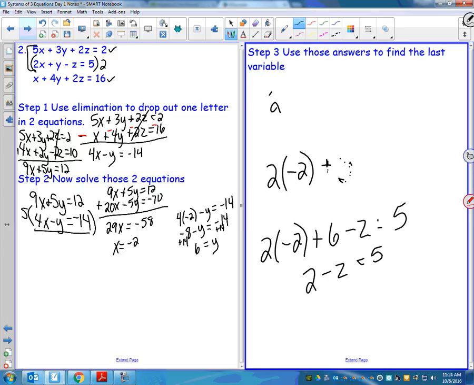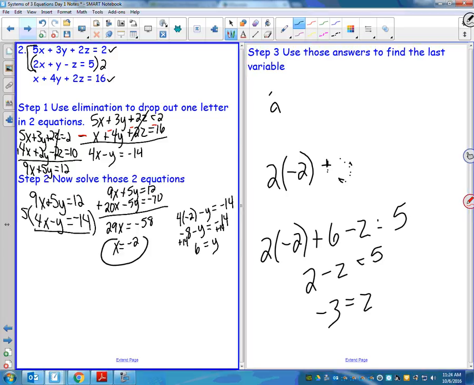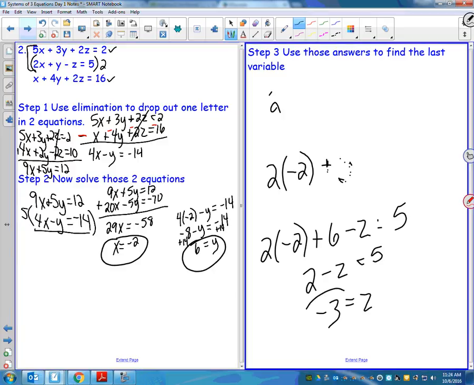And again, using Patrick, my buddy's new way of doing this, I'm going to subtract 5 that way and say z equals negative 3. It's totally okay, just like with 2 equations, you could just circle your answers. Like you could just go through and say x equals negative 2, y equals 6, z equals negative 3, or you could write them as that ordered triple in alphabetical order, negative 2, 6, negative 3.